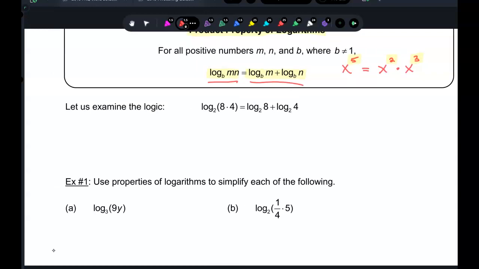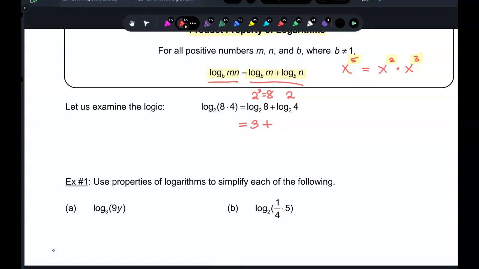Okay, so let's take a look at an example here with the logs. Now, log base 2 of 8 times 4. So if we expand that into log base 2 of 8 plus log base 2 of 4, let's see. Well, log base 2 of 8 would be 2 to what power gives us 8? That would be 3.